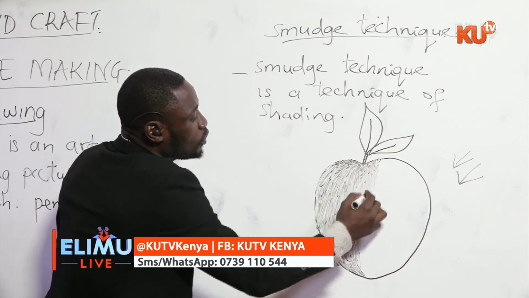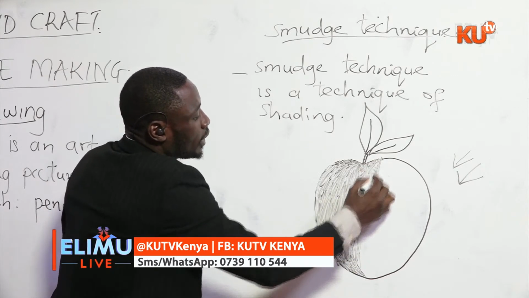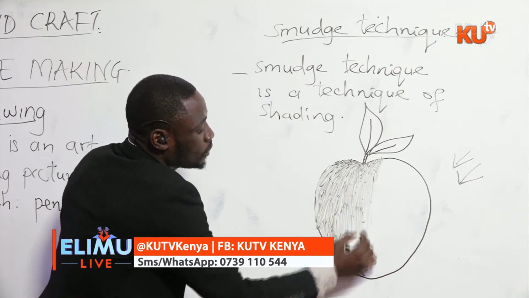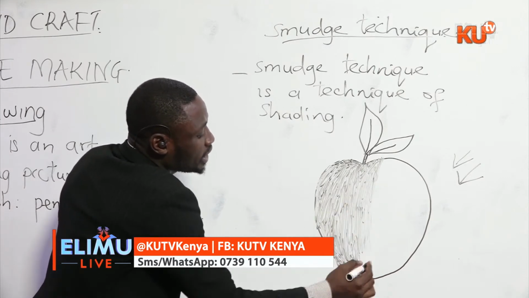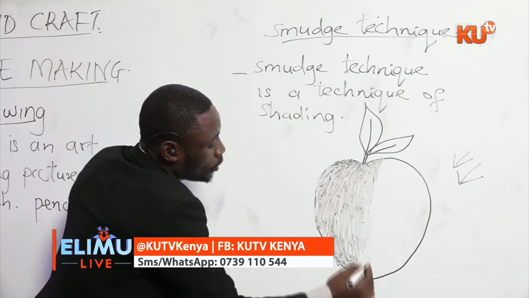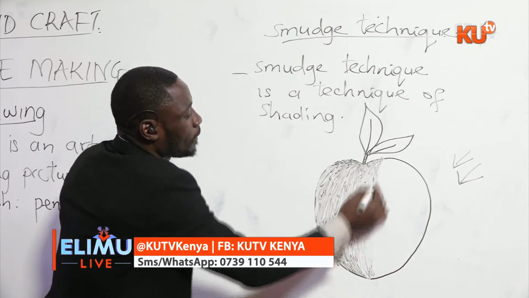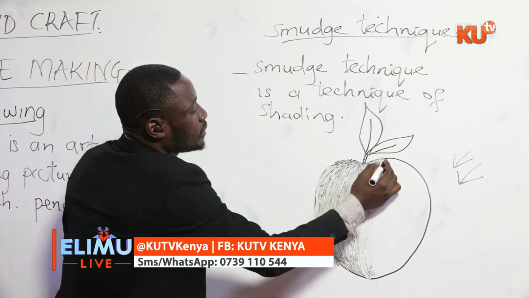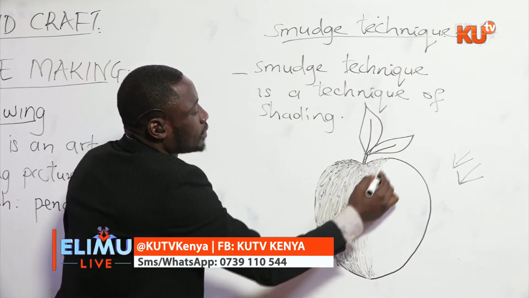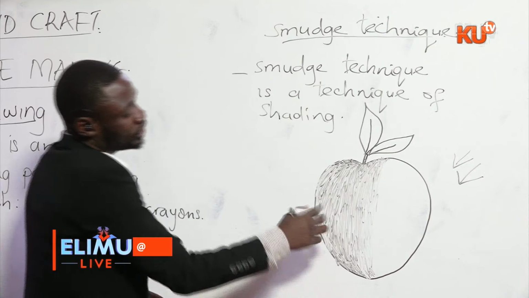So as you move towards the lighter side, you shade it lightly. Hold your pencil loosely so that the other side appears lighter. So this is the smudge technique.